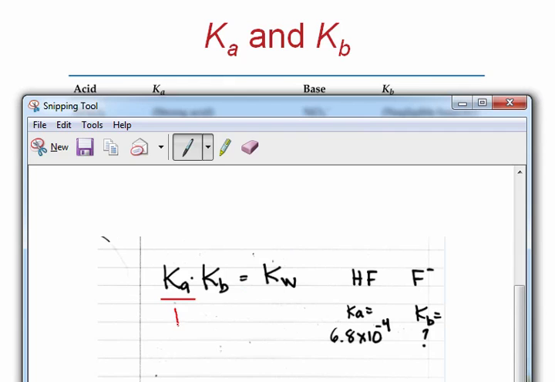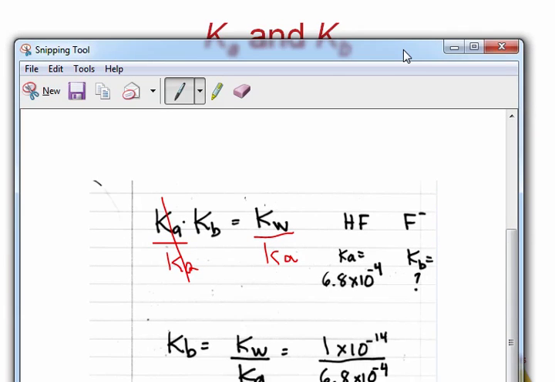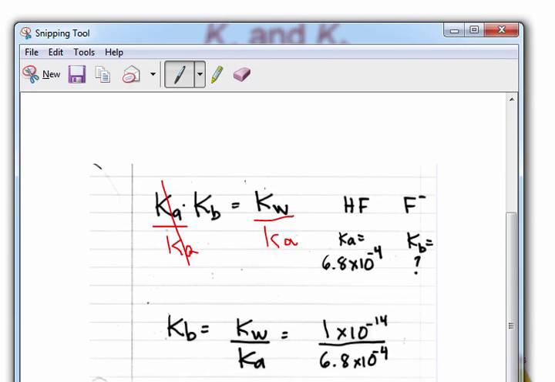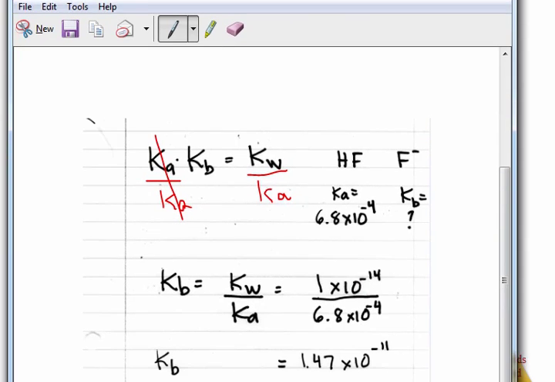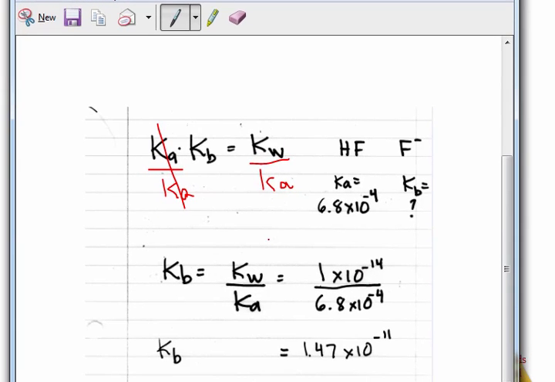I'm going to divide both sides of the equation by Ka, and the Ka over here will cancel out. So Kb is going to be 1 times 10 to the minus 14, the value of Kw, divided by Ka. When I plug that into my calculator, I get Kb equal to 1.47 times 10 to the minus 11.